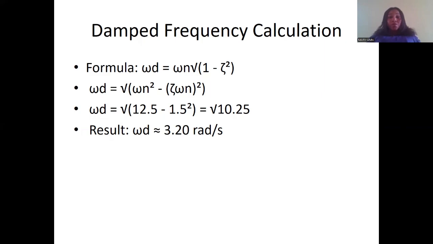To find the damped frequency, we use the standard relationship: the natural frequency times the root of 1 minus the damping ratio squared. Substituting the values, we arrive at 3.197 rad per second, which is approximately 3.2 rad per second.